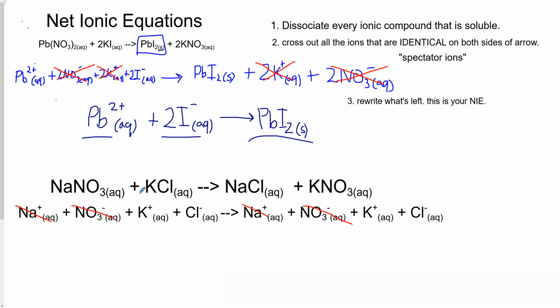Potassium and chloride, none of them actually do anything. So we crossed out all the spectators, and we find out that in an aqueous phase, if you mix some sodium nitrate solution and some potassium chloride solution together, nothing really happens. All of these ions are perfectly fine just being ions. None of them do a chemical reaction.